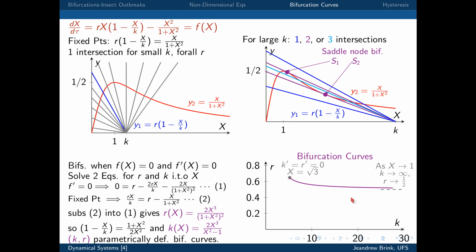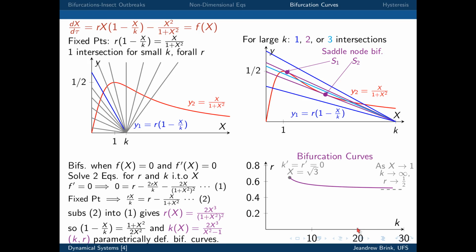The second thing we can note is that as x goes to infinity, k goes to infinity with x because k also gets very large, but r goes to 0.